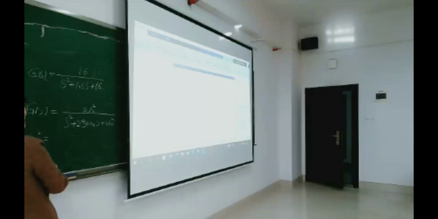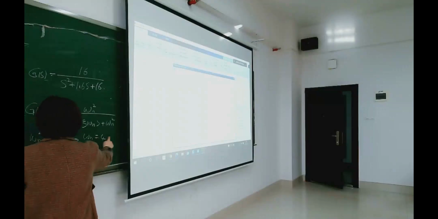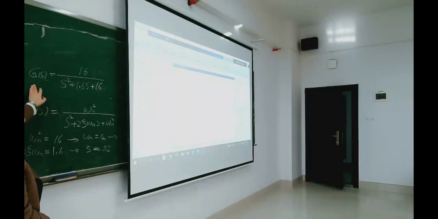So omega n is 4. Alright. Then we have 2 zeta omega n equals to what? 1.6, right? Since we have this and we have this, then we can have zeta equals to 0.2. Right? So by comparing the general form with the form we have, we can get the omega n and the zeta for the system.